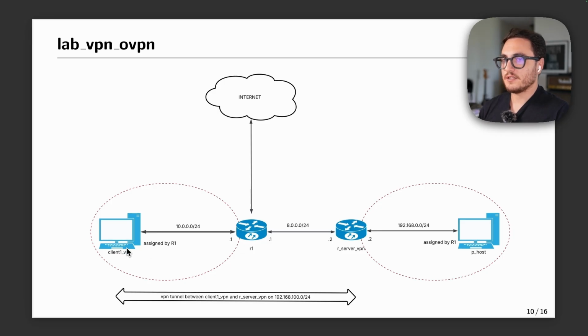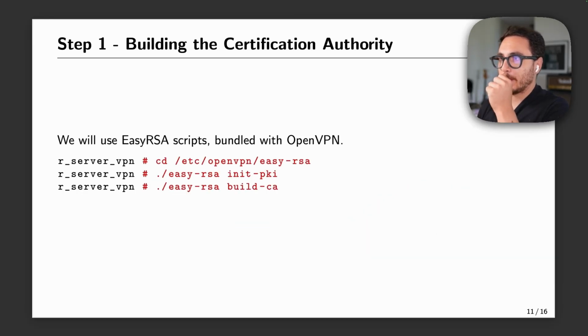And client 1 VPN is the employee laptop that is connecting to the private network of the corporate office from the airport, for example. And we want to be able to protect and encrypt all the traffic until it reaches a safe harbor, which is the private network of the corporate, which we will assume is not compromised, for example. And the first step is to build the certification authority.